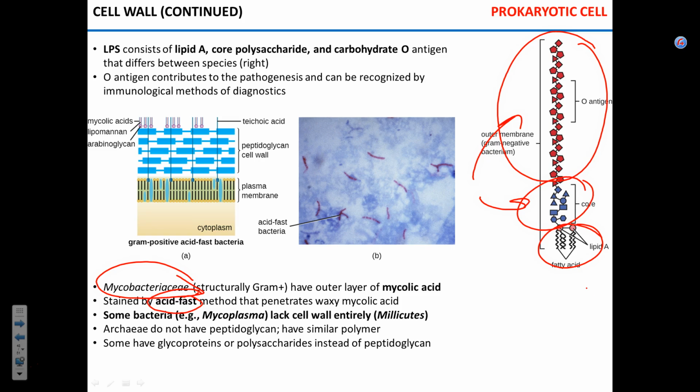These formerly gram-positive microbes that have a plasma membrane and a thick wall made of peptidoglycan have an additional layer of waxy mycolic acid on the outside. This waxy layer of mycolic acid protects mycobacteria from the immune response, from macrophages.